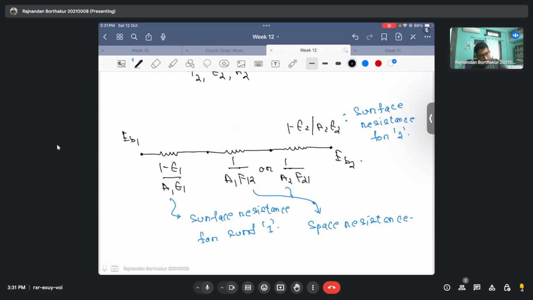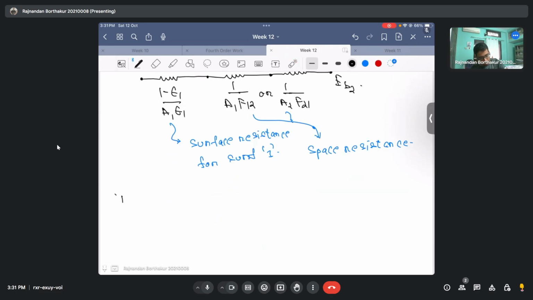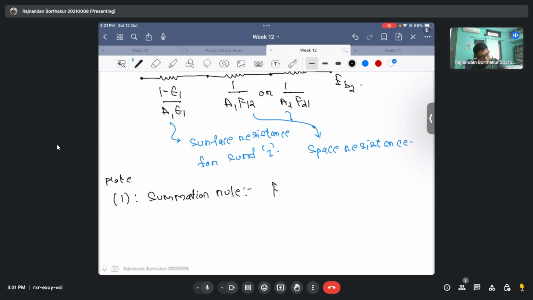Why? Simply because, if I consider plate 1 and apply the summation rule, I can write that F11 plus F12 is equal to 1. And similarly you can write that F22 plus F21 is equal to 1. Either of the equations will do the job.